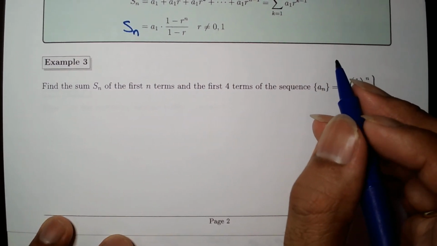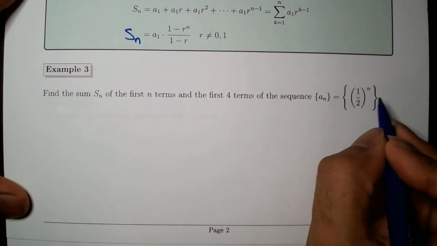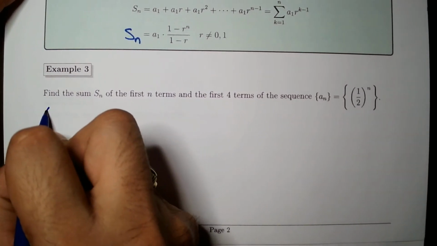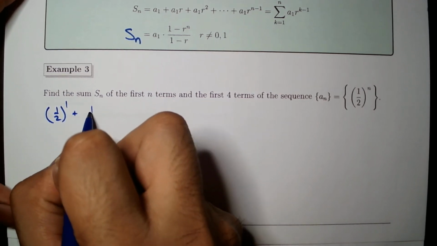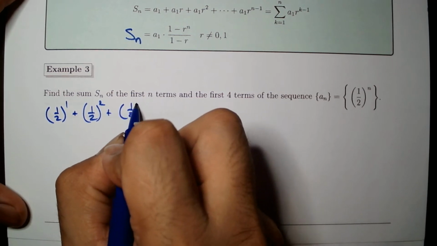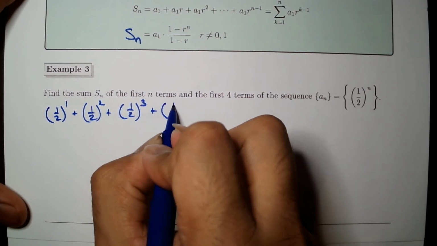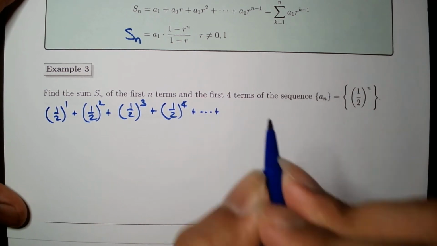All right, so it would be a good idea to first expand this sequence: 1/2 to the first plus 1/2 to the second plus 1/2 to the third plus 1/2 to the fourth, just some terms.